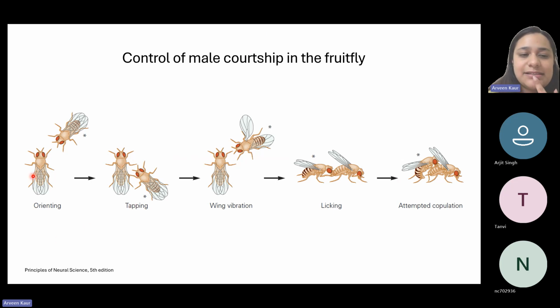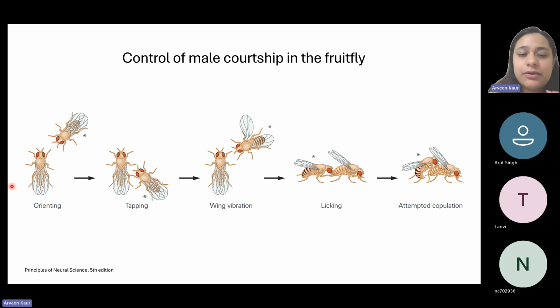Over here you can see that there is a pattern of male courtship. It begins with orienting. First the male will orient itself towards the female. For that it will obviously need to use its senses, its antenna, its sense of smell, and any sense of vision, so that it can orient itself to the female.